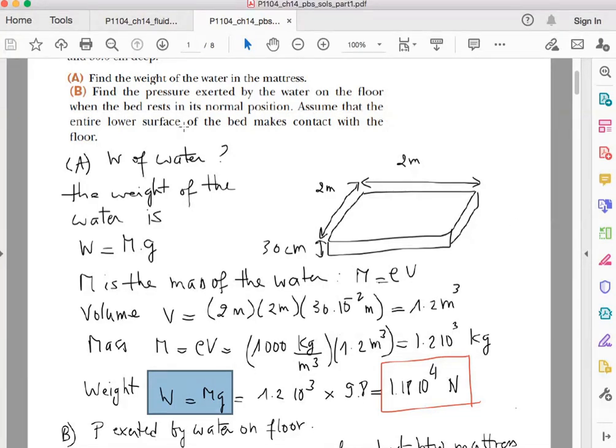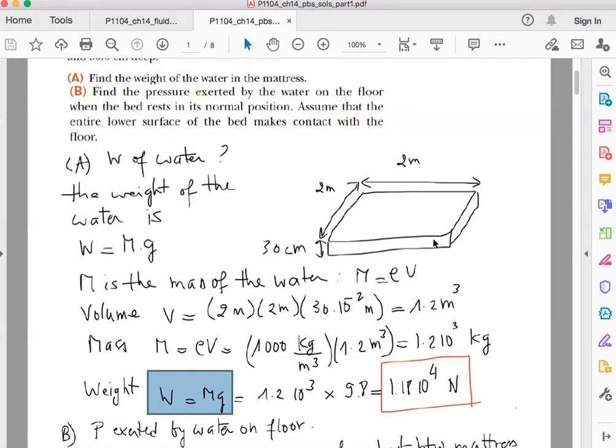Now the question is, what is the pressure exerted by the water on the floor when the bed rests in normal position? Meaning the bed is sitting on the surface, on the floor. And assume that the entire lower surface of the bed makes contact with the floor.